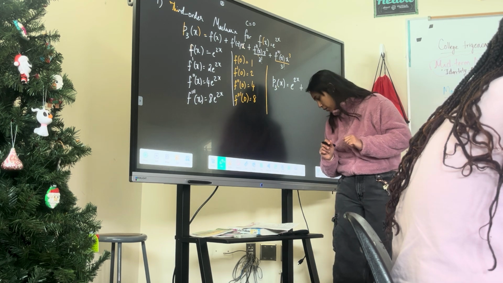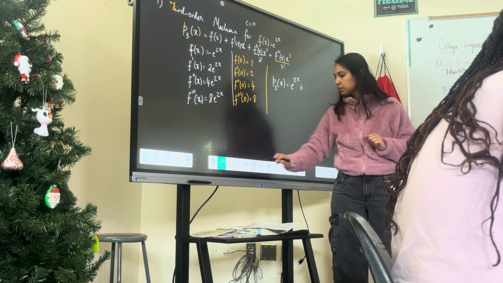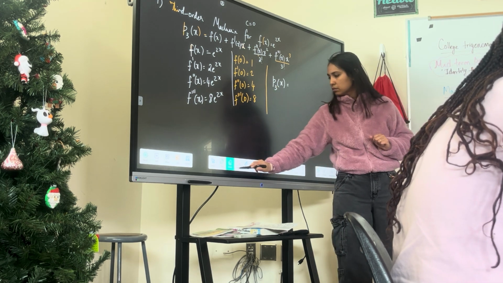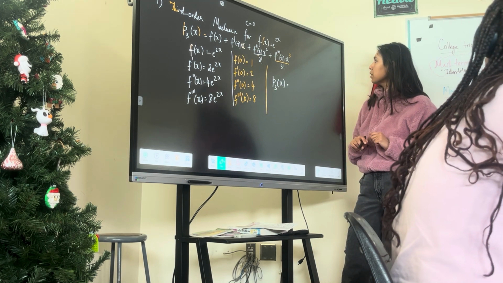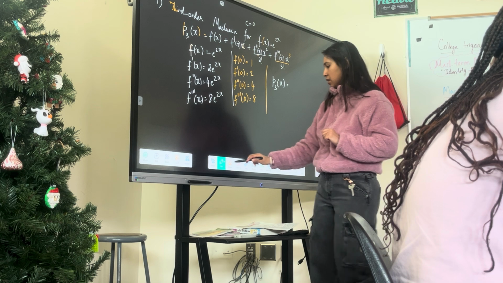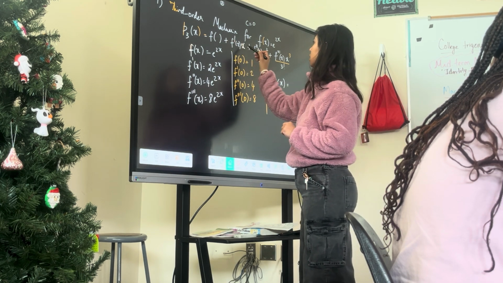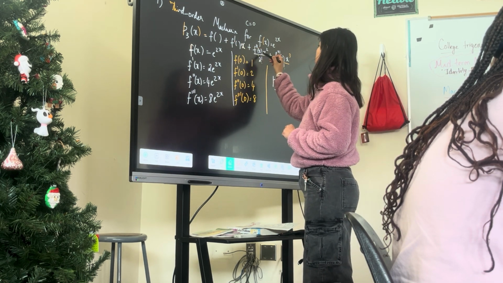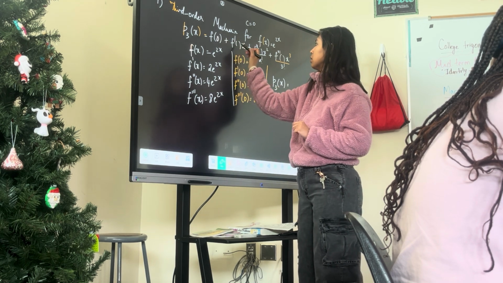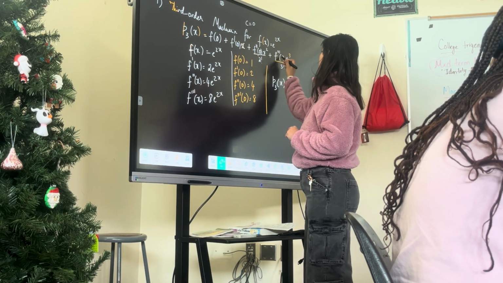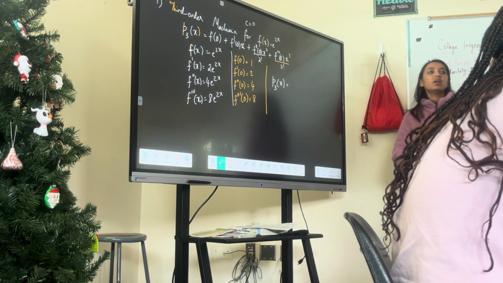Oh, but we already have a 0 here. My bad, hold on. F of 0? Oh, did I mess up here? I did, huh? Okay. I messed up here, hold on. It has to be a 0. Okay, there we go. Now it's back.